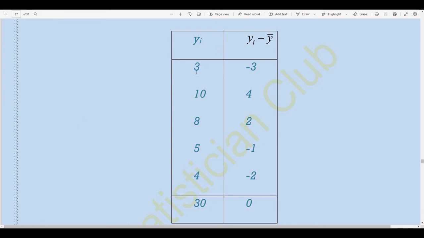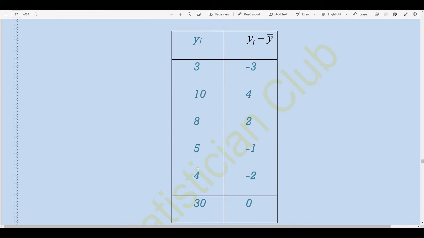The direct formula for arithmetic mean is y bar equal to sum of y over n. Sum of y is 30 and n is 5. When you divide 30 by 5, the answer is 6.